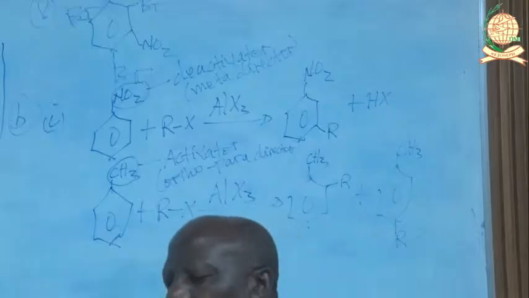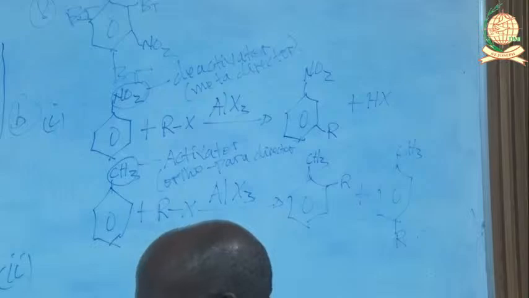That is why the alkylation of nitrobenzene ends up with the formation of one product, because the nitro group is a deactivator, which in turn is a meta director, while the alkylation of toluene or methyl benzene ends up with the formation of two products, because the methyl group is an activator, which is an ortho para director. So the two products will be the ortho as well as the para products.